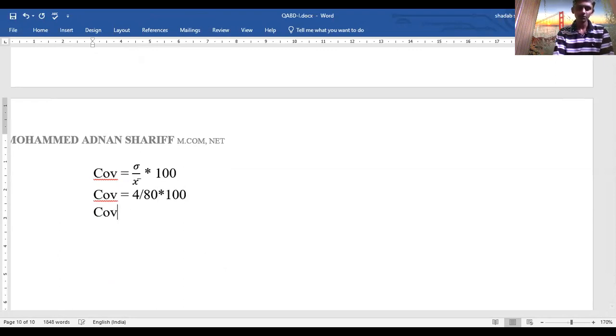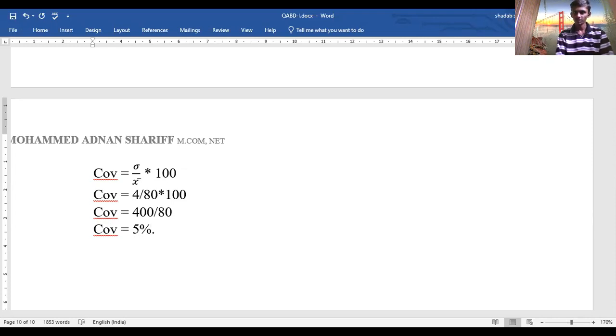Therefore coefficient of variance equals 400 divided by 80. Therefore coefficient of variance equals 5%.